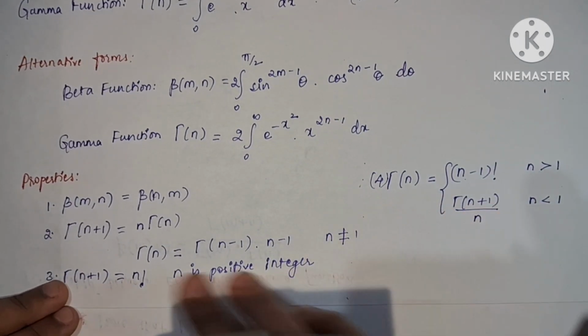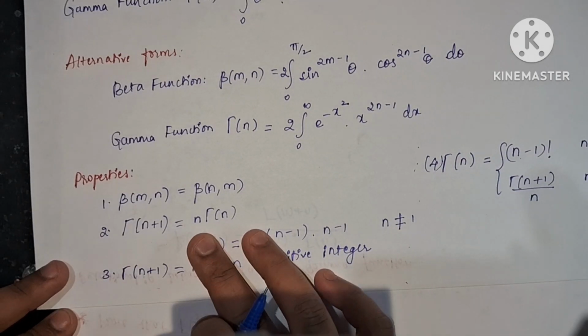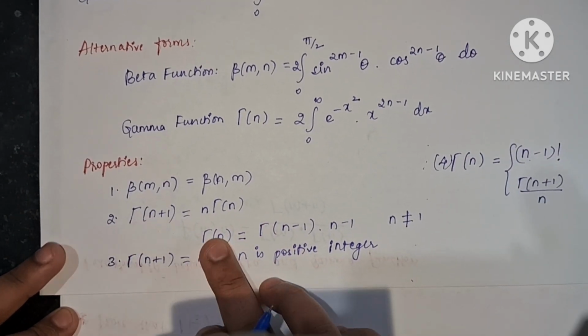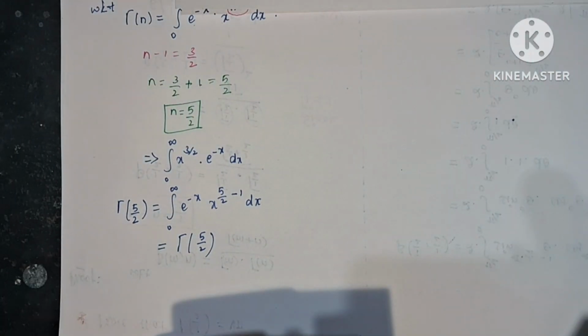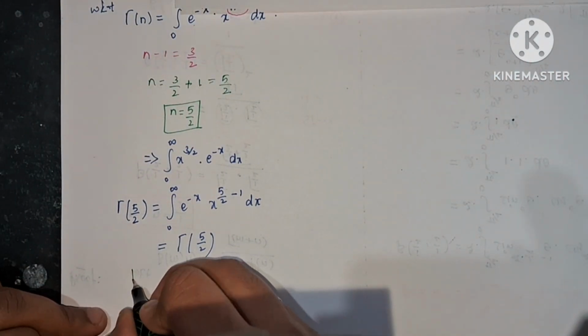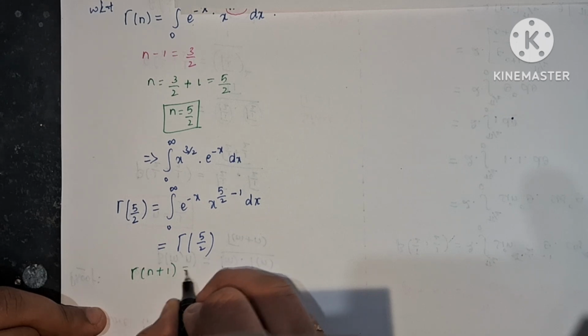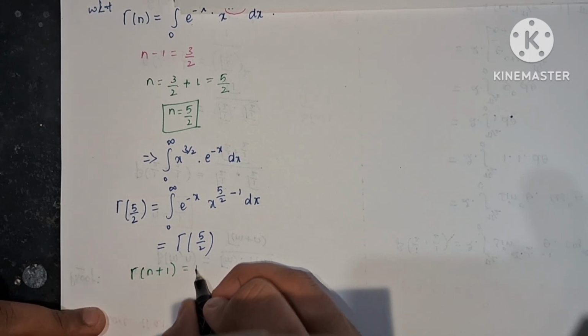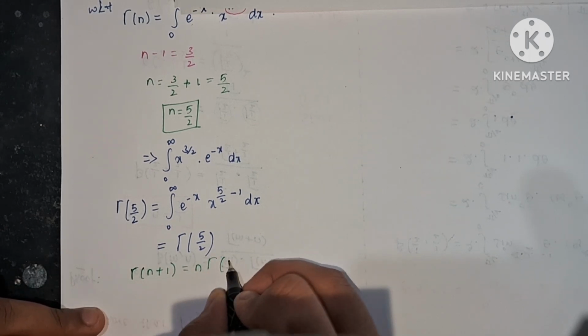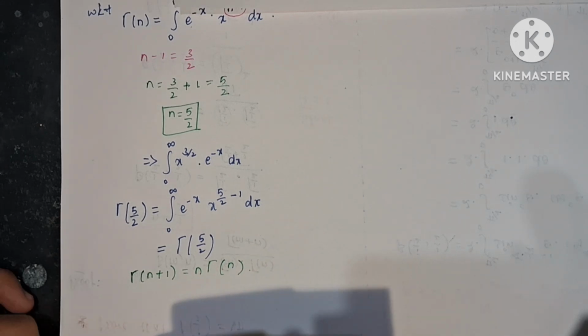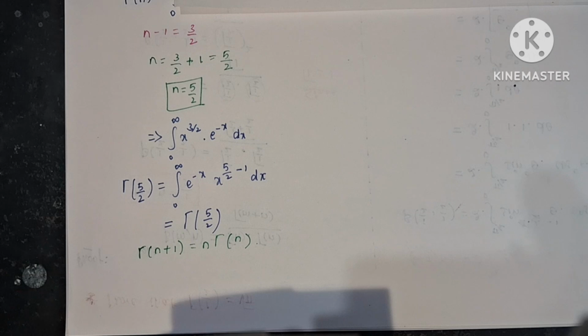When n is positive or some integer kind, we will be considering gamma of n plus 1, which can be considered as n times gamma of n. Correct? So how can I write this gamma of n plus 1?